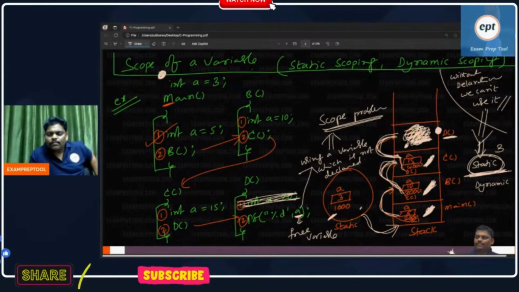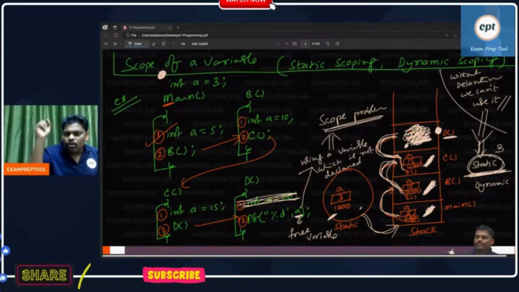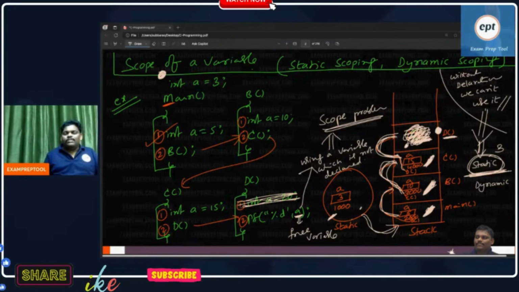What you are asking? So I still remember my teacher said that if no local, go to global. My teacher wanted to say go for static scoping. If no local, go to global. Is it right or wrong? I'm repeating once again.